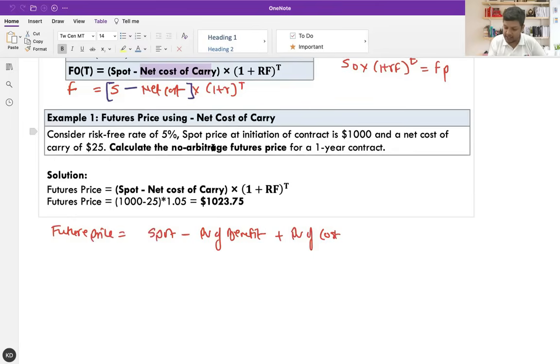Everything here is in today's terms, correct? And all of this is multiplied by (1 + risk-free rate)^T. Is that clear?